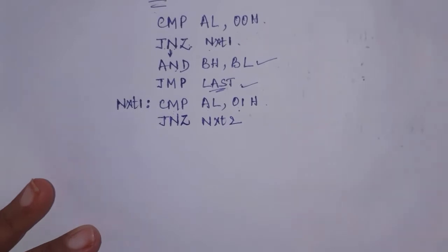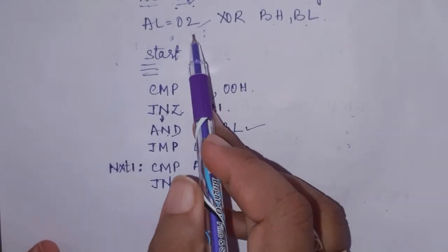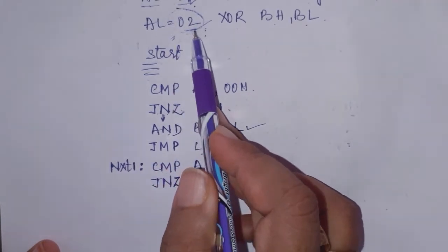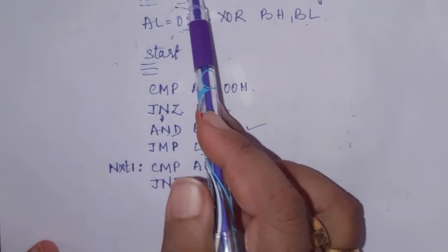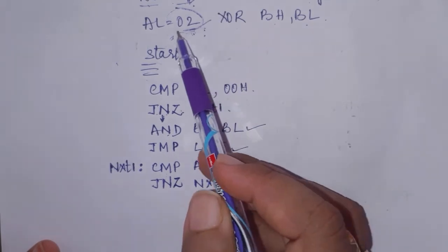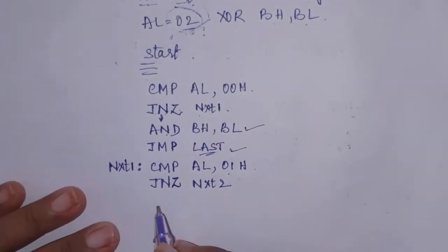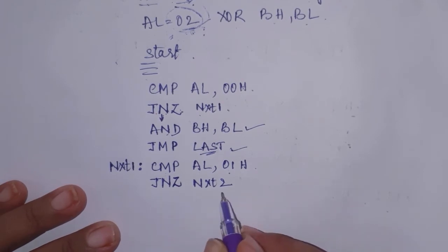If they are not equal, we need not verify further, because there is no other condition. If it is not equal to 0 and not equal to 1, then it will be equal to 2. So jump on no zero to next.